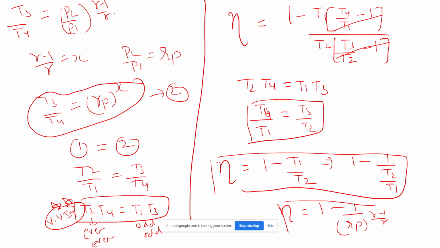So this is the efficiency for the Brayton cycle or for a gas turbine. It is very important for your exam. You have to directly remember this formula.